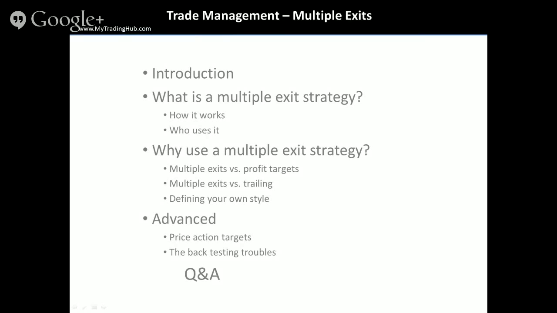Imagine you put a buy trade with 10 lots, so your entire risk for the trade is 10 lots, and at every, I don't know, 100 pips, you will take out one lot. So you will close out one lot at 100 pips.